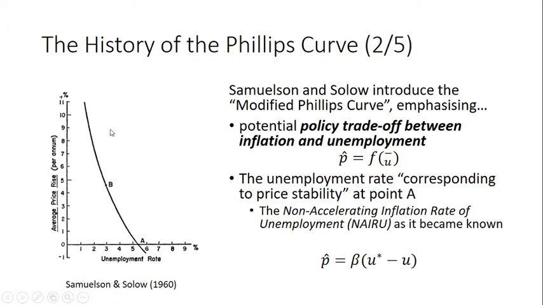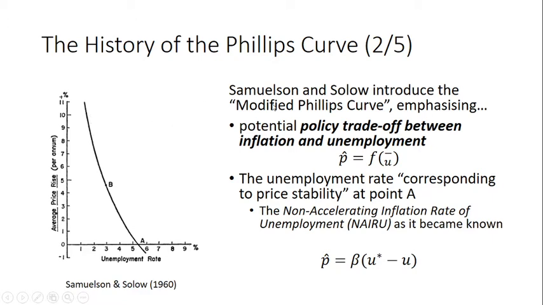So at the end of the paper, they say, well, due to the existence of a strong relationship between changes in wages and changes in prices, we can just replace on the y-axis the wage inflation rate by the price inflation rate. So here we have the average price rise per annum, while remaining with the unemployment rates on the x-axis. Of course, this is not fitted to any data. This is just a sort of hypothesized curve, if you like.